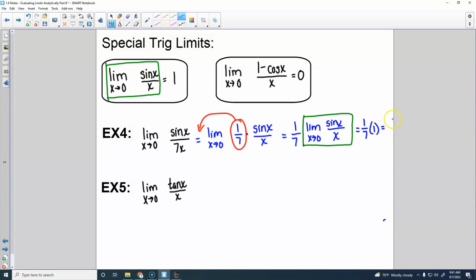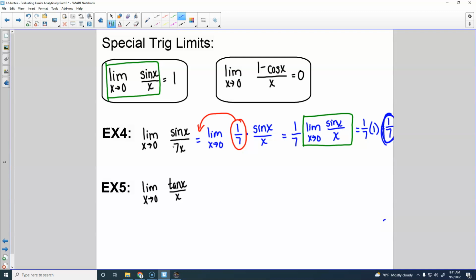So what is our answer going to be? 1/7. So if we have numbers that are coefficients there, we can sort of break them apart and then pull that coefficient out front for that.